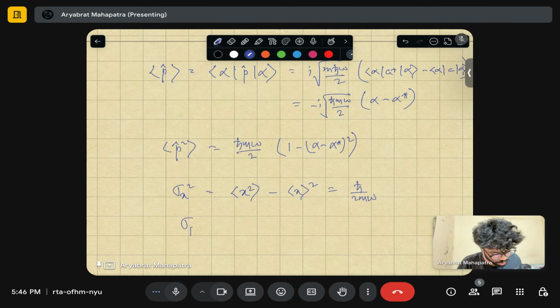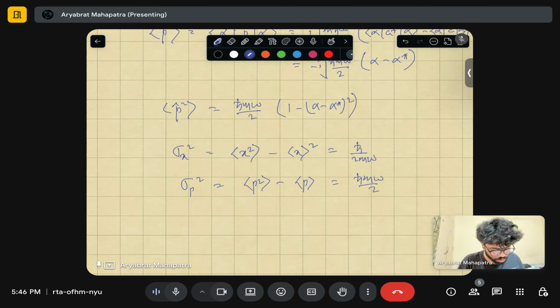And sigma p squared, which is p squared average minus p average squared, will give you h bar m omega over 2. If you calculate sigma x times sigma p, the uncertainty principle that we know, accordingly you will get from these computations that it gives you h bar by 2.